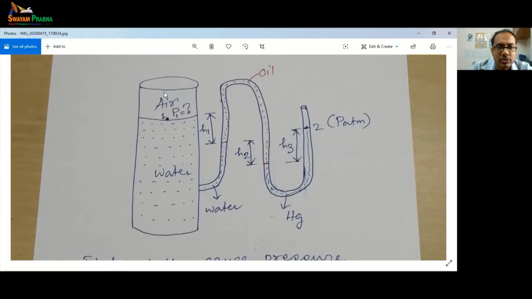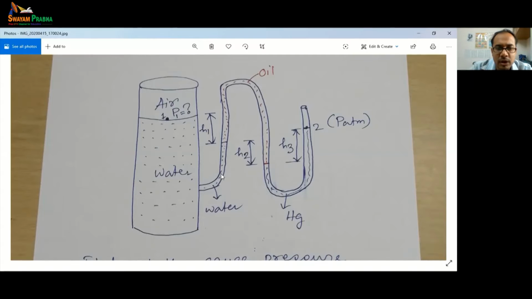The air pressure here is the unknown, which we are trying to measure by all this elaborate arrangement. We have a very long tube which is bent multiple times, and this tube is open to the water in the left hand side tank.